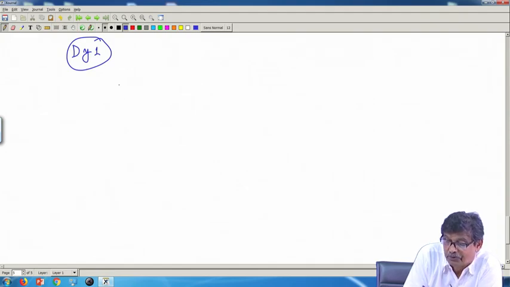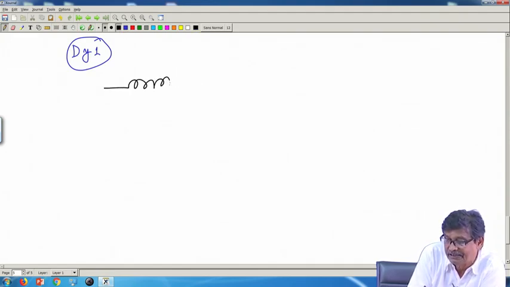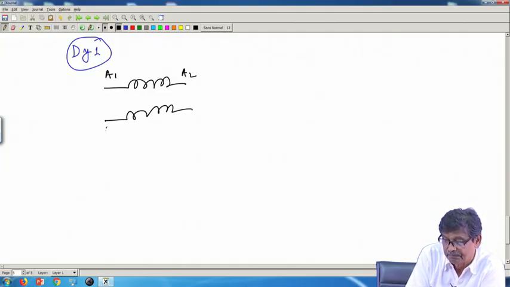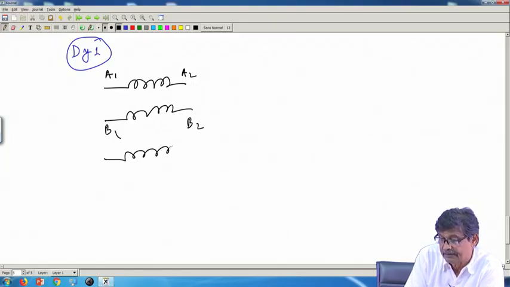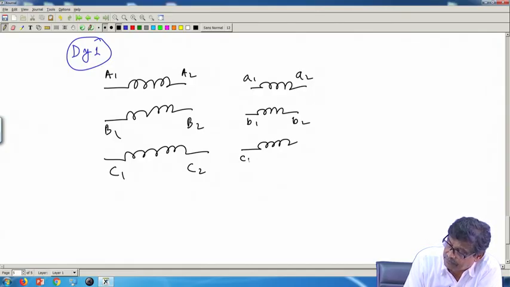The point I want to make is interesting. You see, these are the three transformers you have, A1, A2, this is B1, B2, and this is C1, C2. And this is secondary, small a1, a2. The dot terminals, which I am not writing all the time, B1, B2, C1, C2, fine.